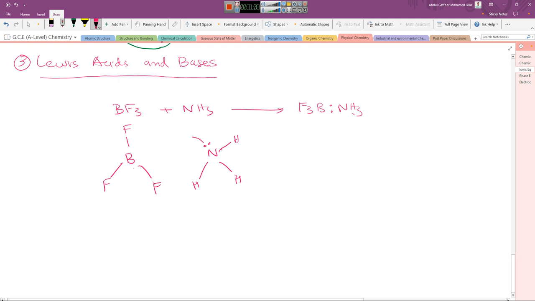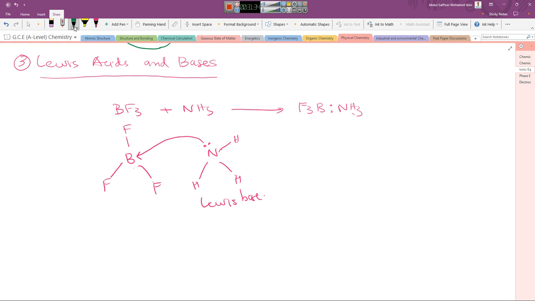So this nitrogen will be giving this pair of electrons to boron to make a bond, and this will be called a dative covalent bond. We have already studied that. And this ammonia is Lewis base, right?